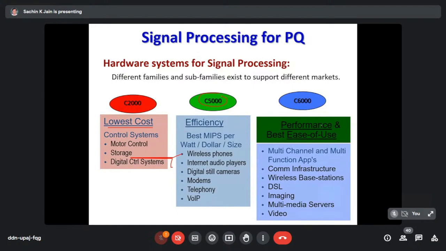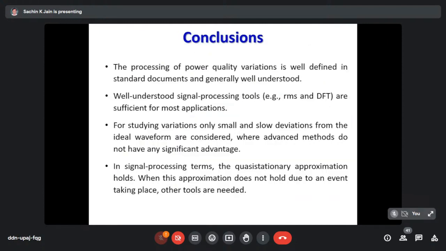If you want high-end performance and ease of use, then use this series. They provide all kinds of applications, multi-channel and multi-function apps. But the 2000 series, you can use for motor control, storage, and digital control systems, but they have very limited applicability. So this is how you can use hardware systems.